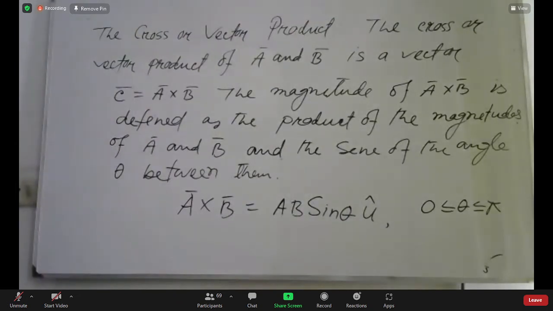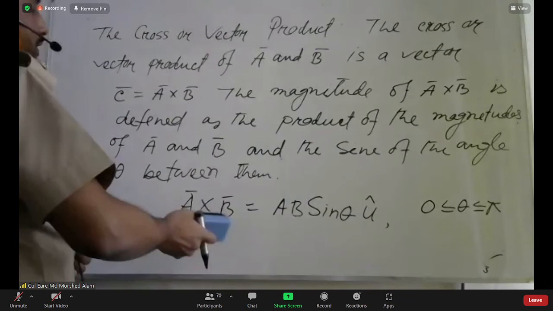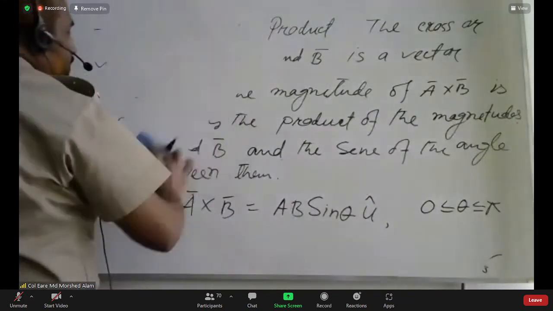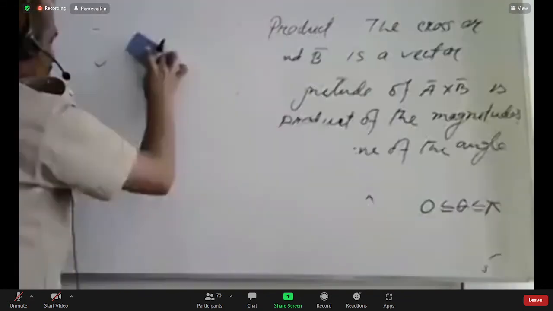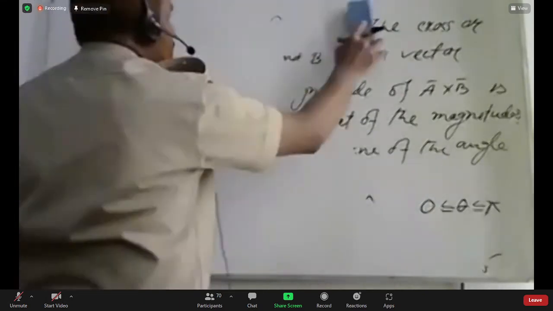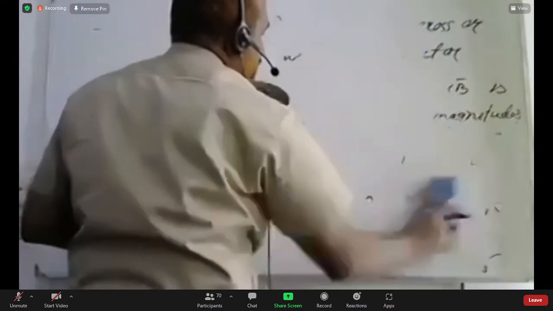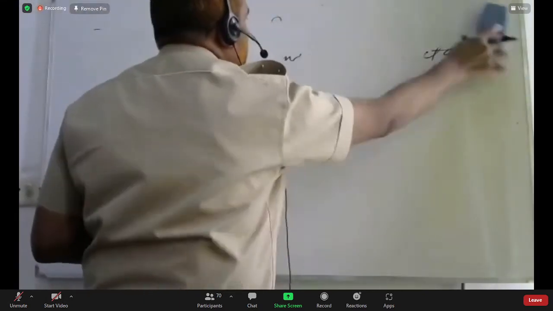Then A cross B is a null vector. You have to remember. These are very minor things, and in the exam sometimes the definition comes. And you have to remember another thing, that you may not get exactly the things from the class note in the exam. You will get them in a different way. So you have to understand the things, right?